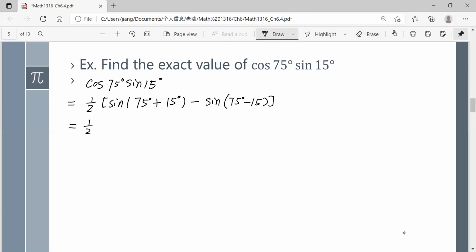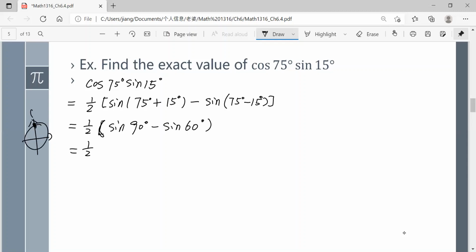That's 1/2 times sine of 75 plus 15, that's 90 degrees, minus sine of 60 degrees. So it equals 1/2, and sine 90 degrees is 1.